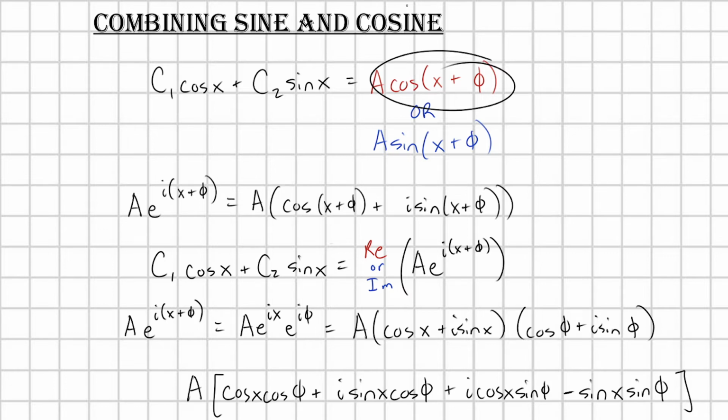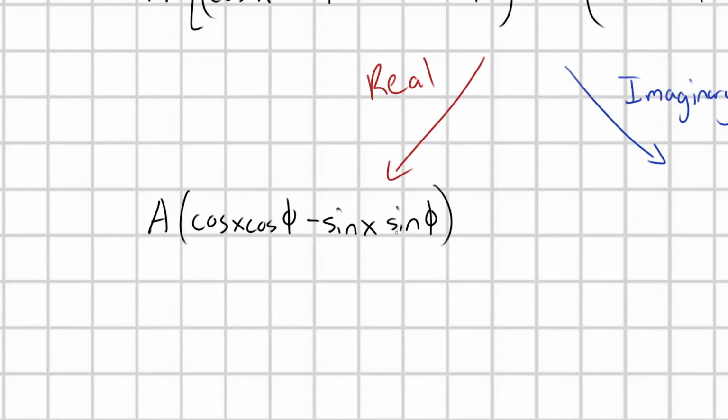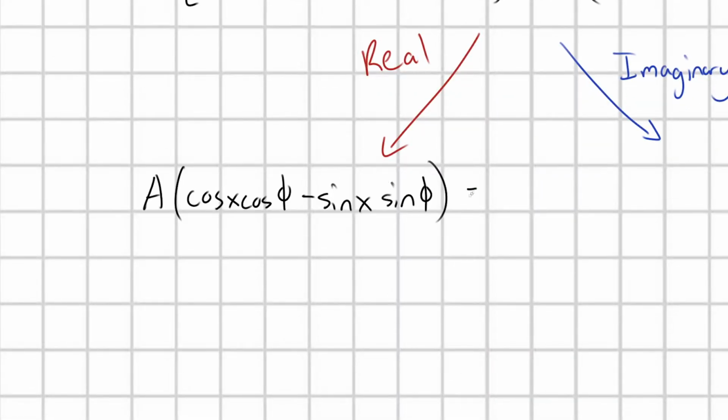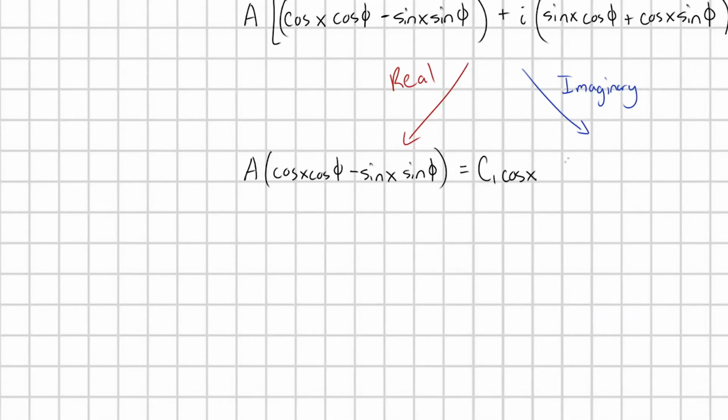That's the choice that I've made. Sound good? If that sounds excellent, then from here, we know that this quantity will equal C1 cosine x plus C2 sine x. And let me go ahead and move this over a little bit.